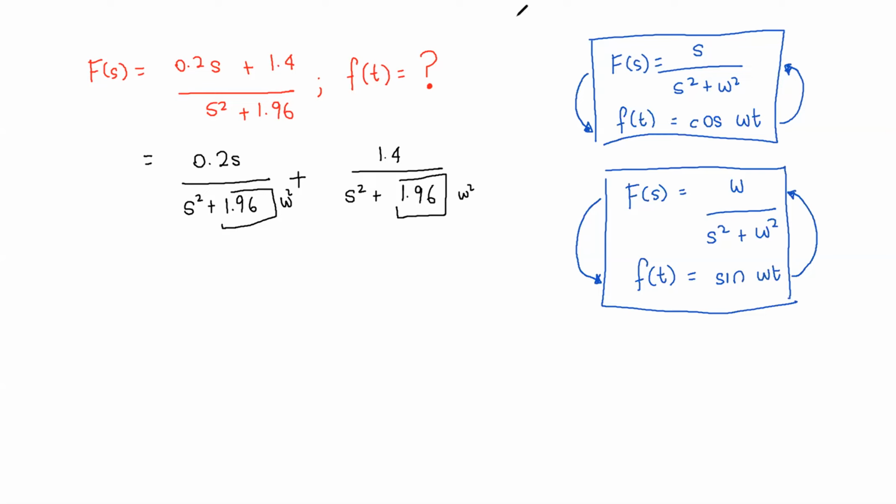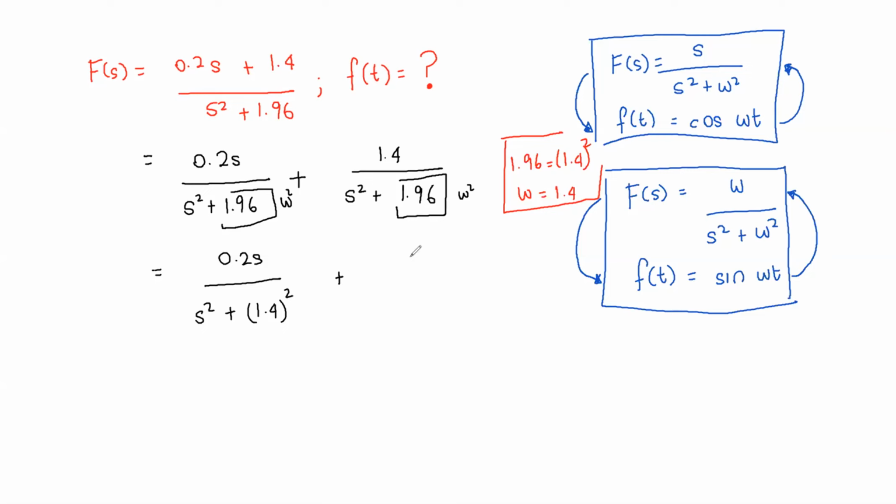You realize that 1.96 is actually 1.4 square, so omega here is 1.4. Let's substitute this into our equation: 0.2s over s square plus 1.4 square, and the other one is 1.4 over s square plus 1.4 square.